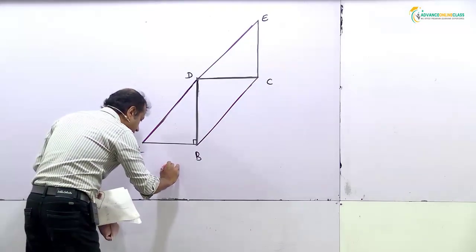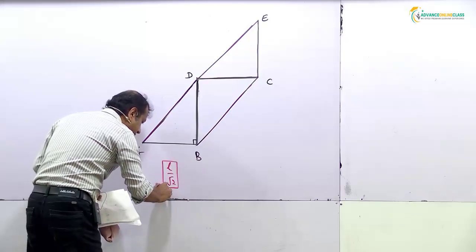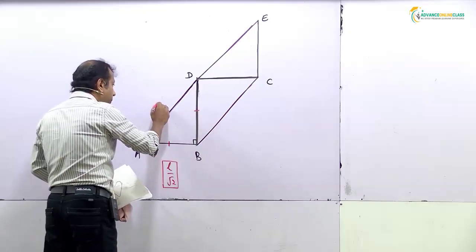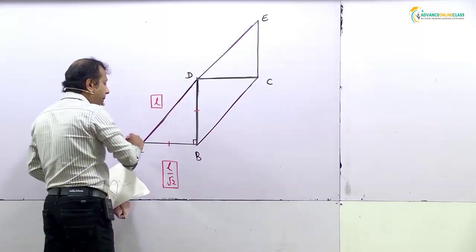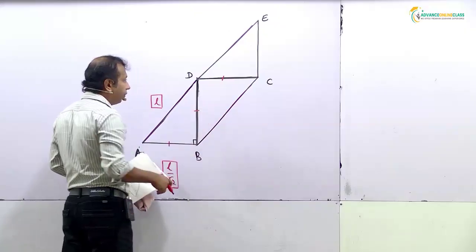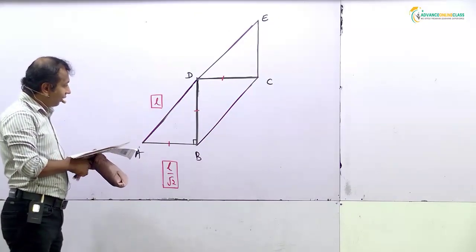This length is L over root 2. This length and this length being equal, this is L. This also the same. Opposite sides are equal, no?